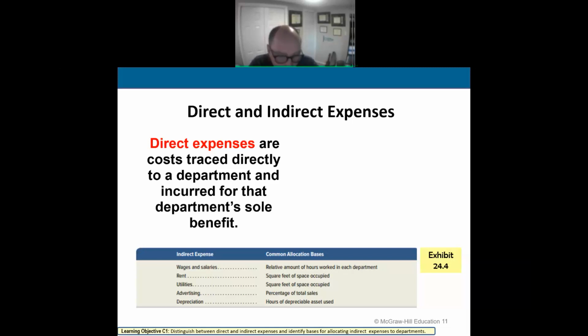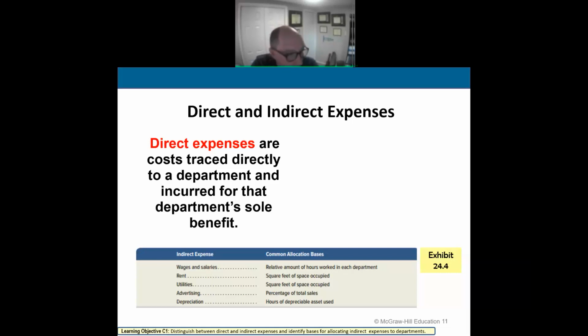I can allocate a portion of the rent for the whole store to the jewelry department. It's based off of the square feet of space that the jewelry department occupies.